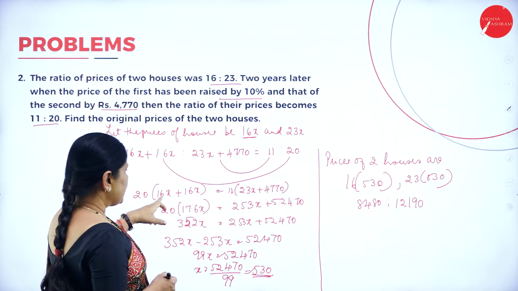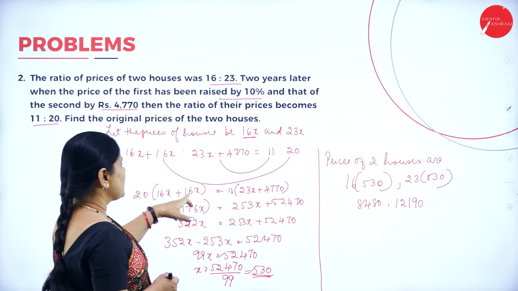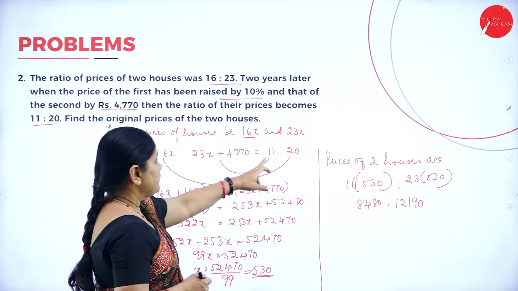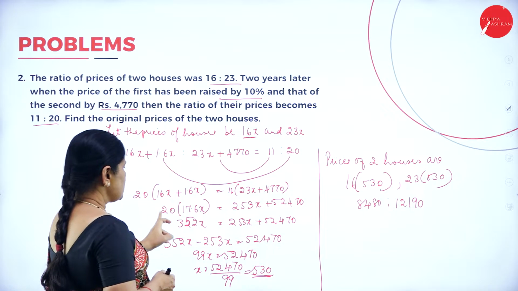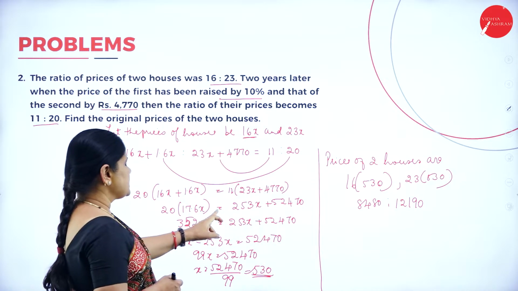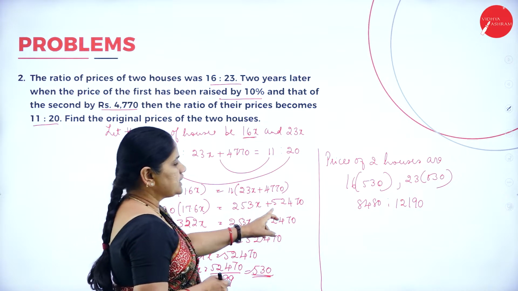So 20 into 16x plus 1.6x equals 11 into 23x plus 4,770. So 20 into 17.6x equals 253x plus 52,470.